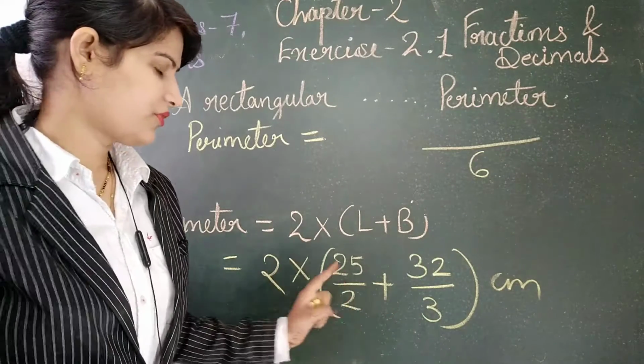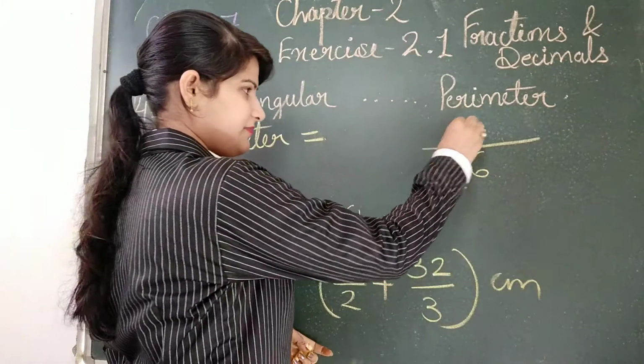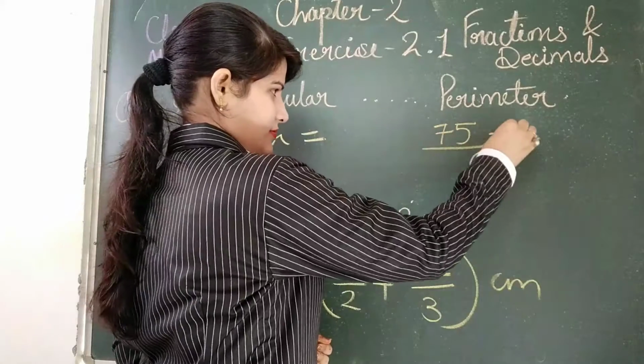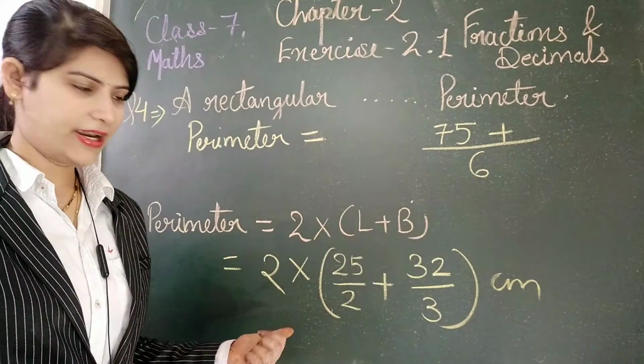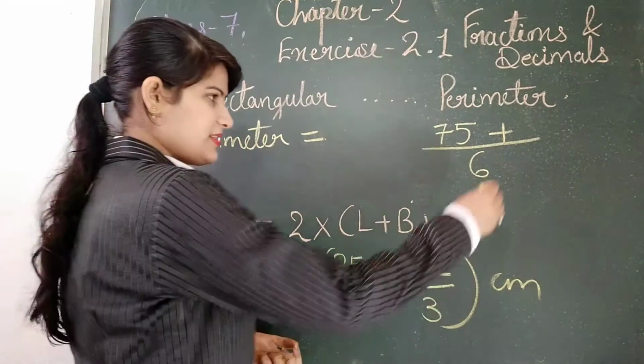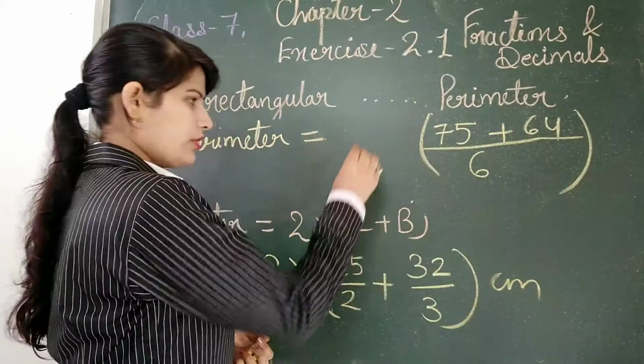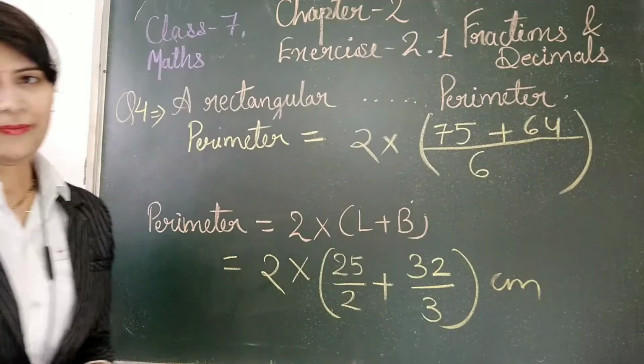So 3 into 25 is 75, right? And 2 into 32 is 64. Here 2 multiply, right?